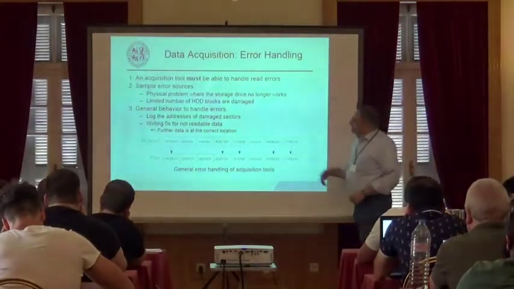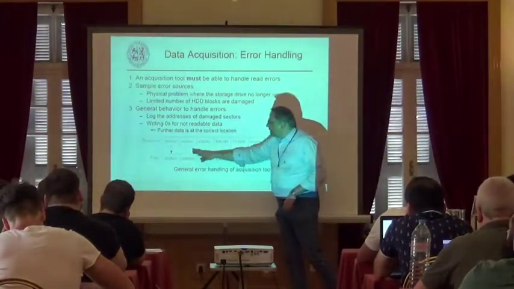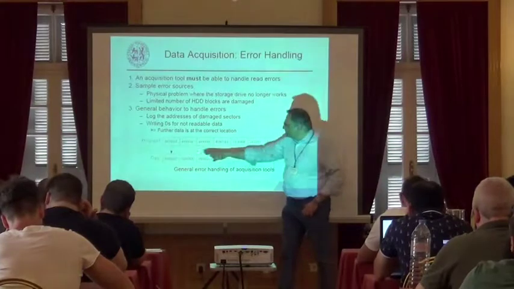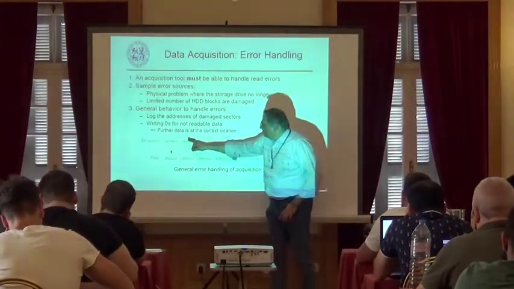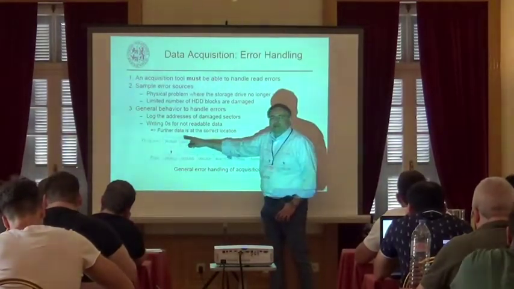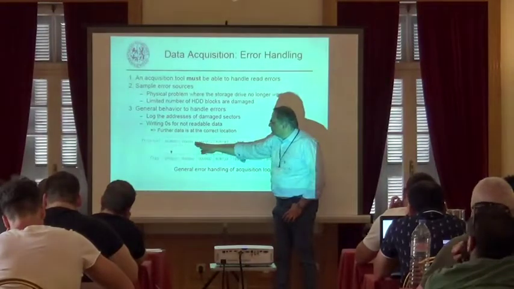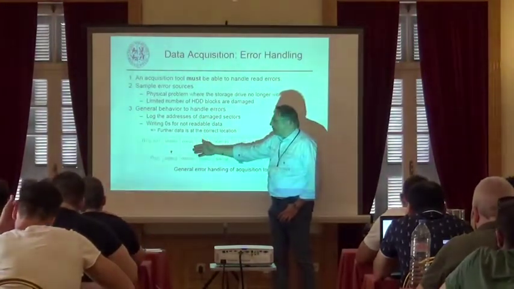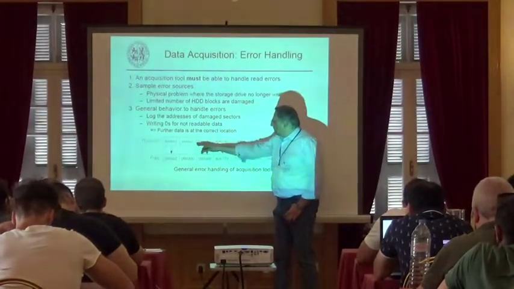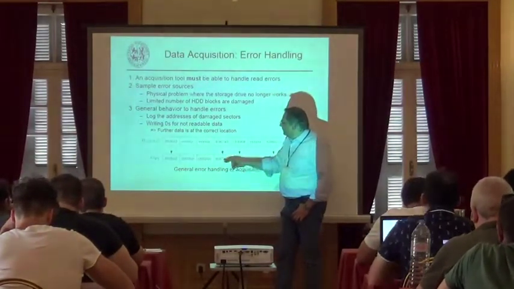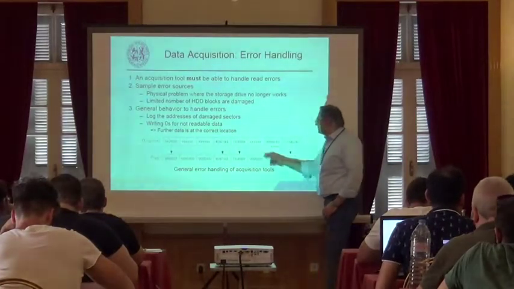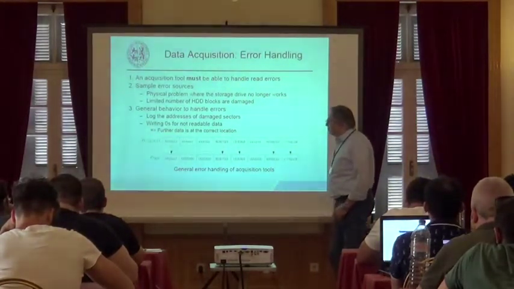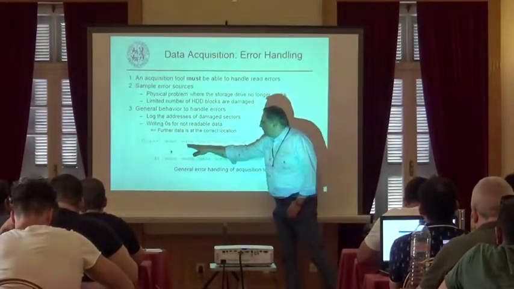Now, once we start the copy process, we might have errors. So let's say that we read a sector, and then this sector is bad. So we get a checksum error or some kind of error, and the controller reports a read failure. Here we get 2 more good ones, and then a failed one, and then 2 more good ones. So what do we do with the errors?